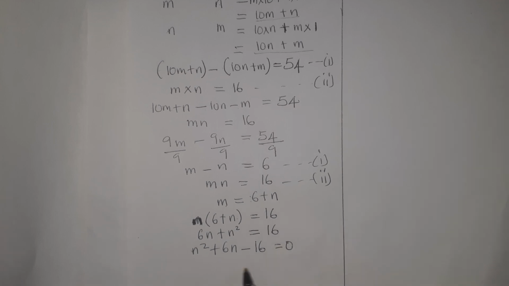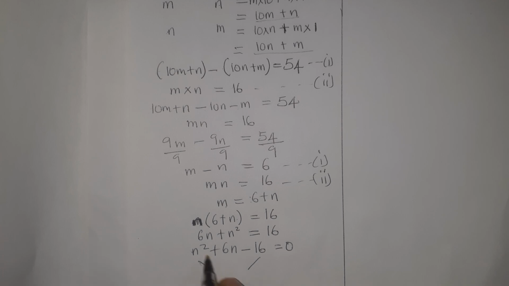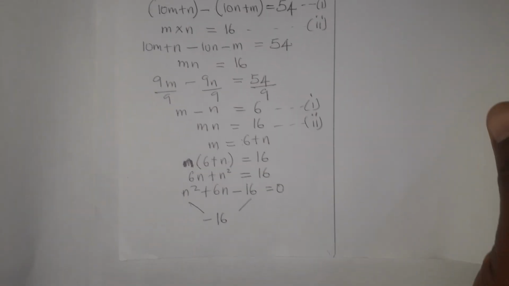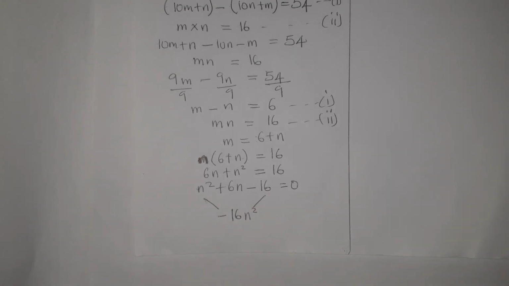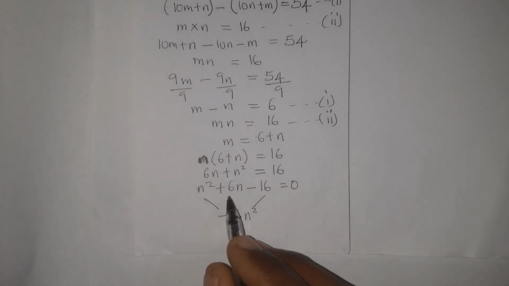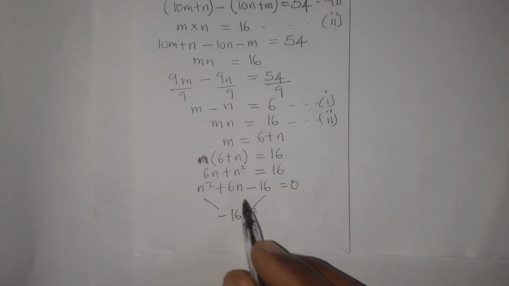Then we multiply the quadratic term and this constant. The multiplication of these is negative 16 n square. We need two factors that, when multiplied, give us negative 16 n square, and when added or subtracted, give us positive 6n.